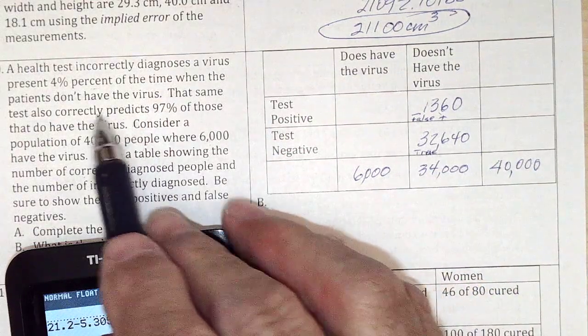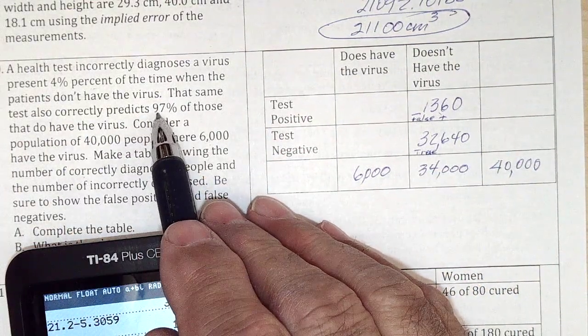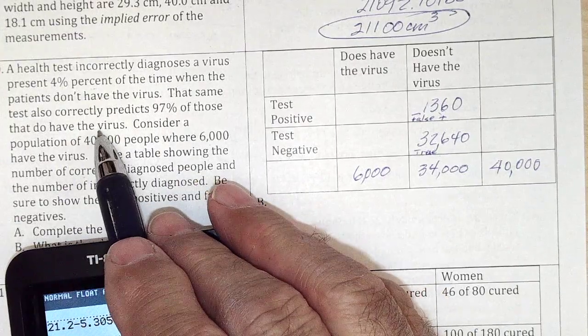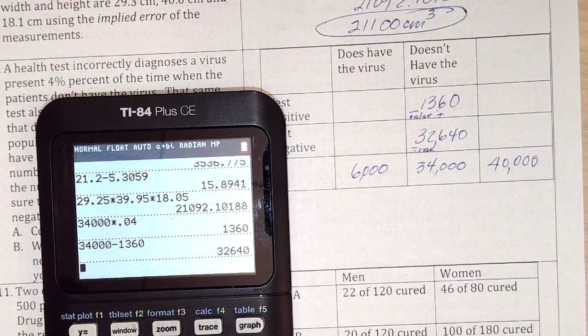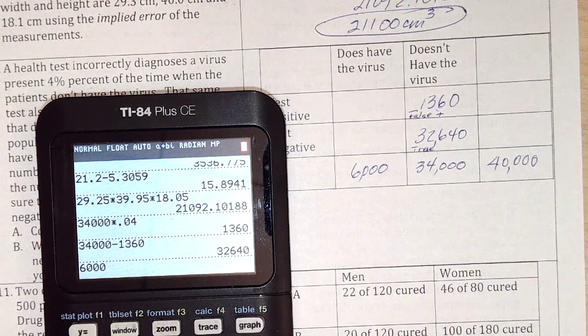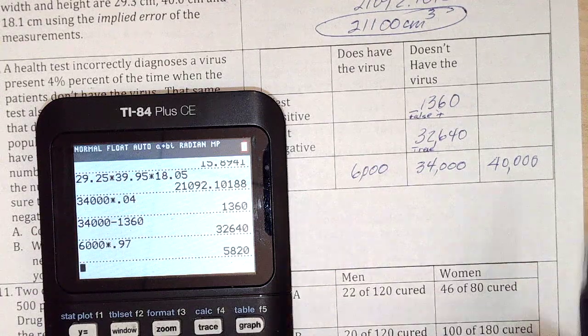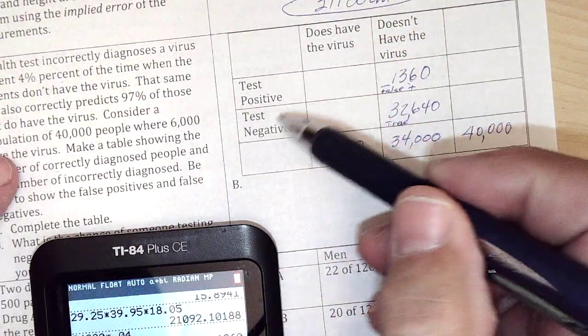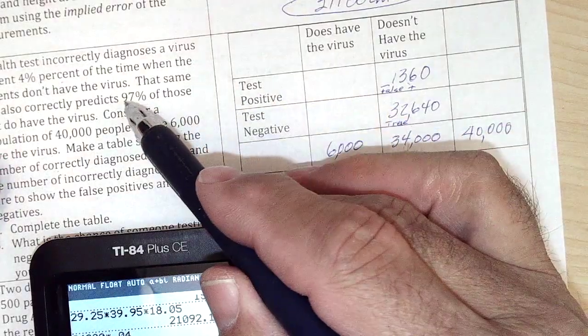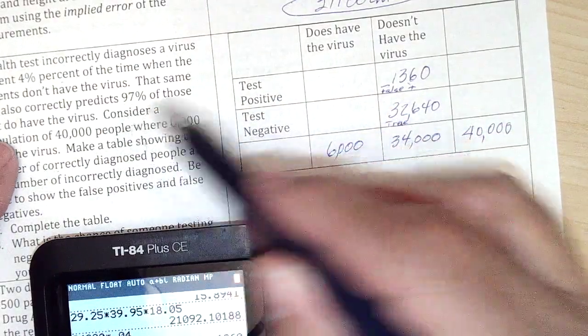Then it correctly predicts 97% of those that do have the virus. So there's 6,000 that have the virus times 97%, 0.97, 5,820, and that's a correct prediction they have it.